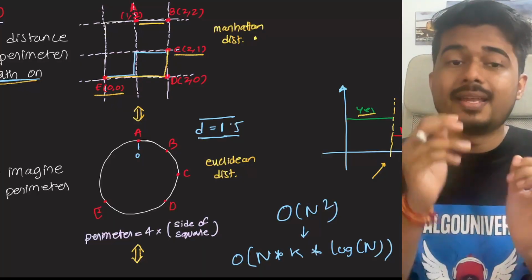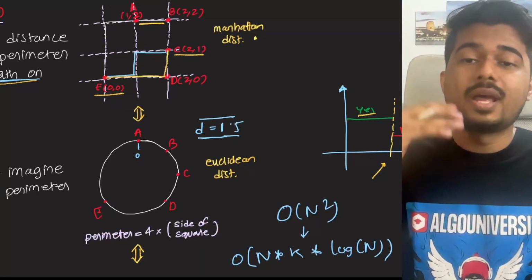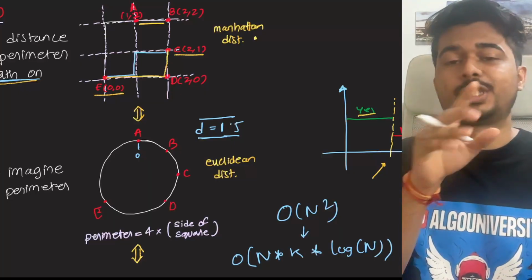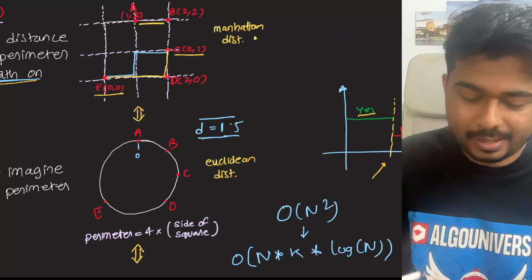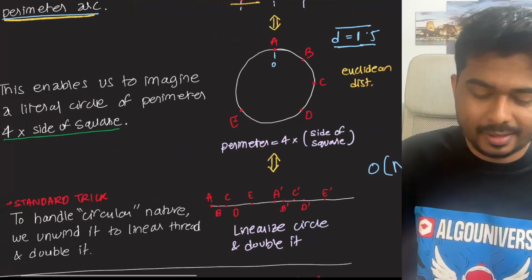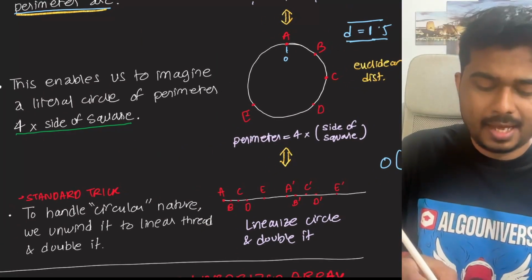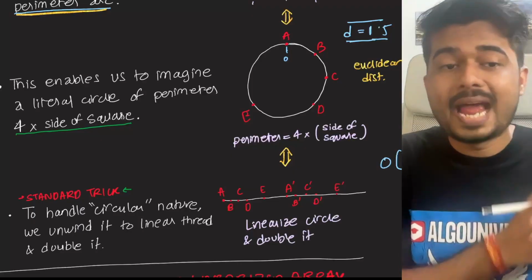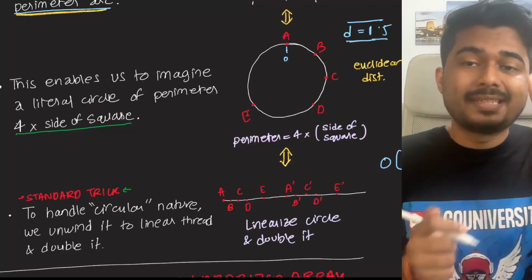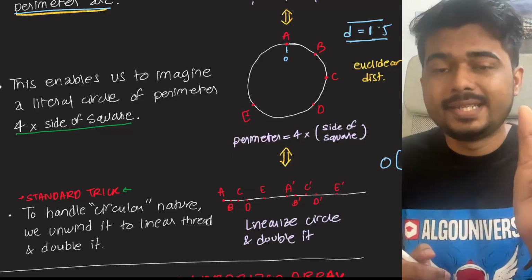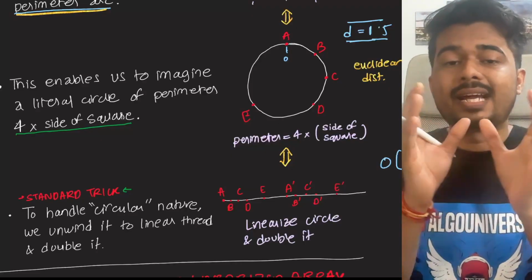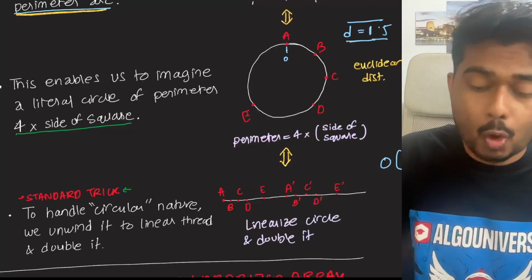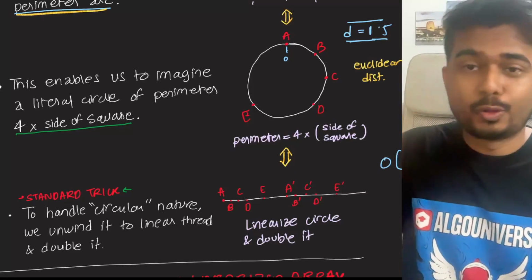If you do this, now you can actually figure out every single circular transformation in this linear array. So this is the next transformation that we can reduce. This is a very standard trick. I'm not going to go into detail. The basic idea is instead of handling the circular nature, we can simply reduce it into a linear array and double the array, right? And now we can find out all sorts of circular kind of distance.